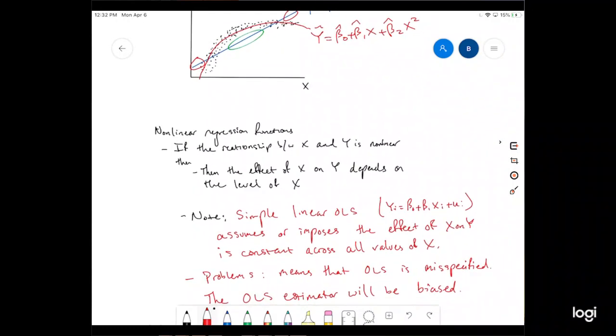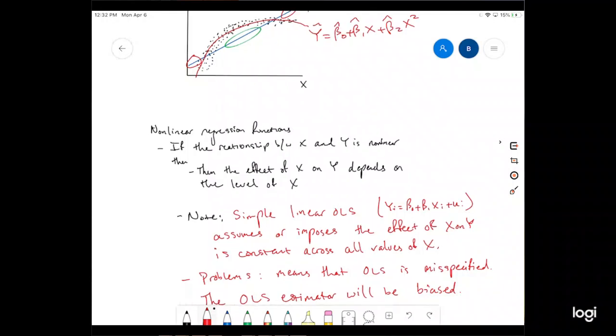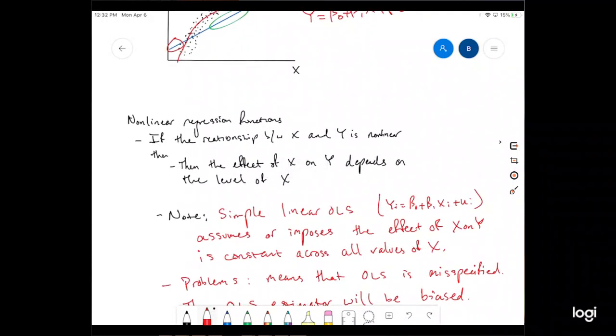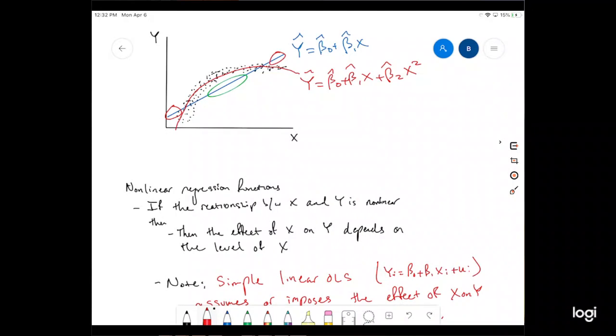So why might we want a nonlinear regression function? If the relationship between x and y is nonlinear, then the effect of x on y depends on the level of x. So just like we had in our chapter 7, our interactions, we said maybe the effect of x depends on z or vice versa. The effect of z depends on x.